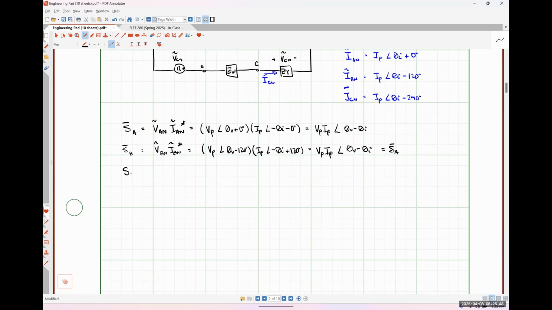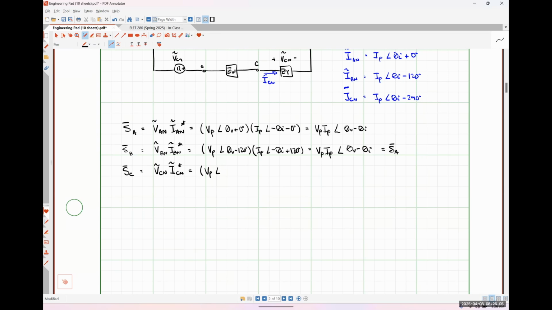We'll see here, and I'm going to do this one pretty quickly, that we're going to have the exact same result with our C phase complex power. So that we would have VCN multiplied by ICN conjugate.